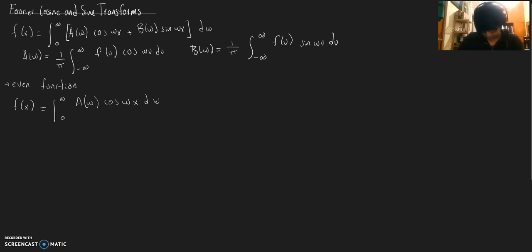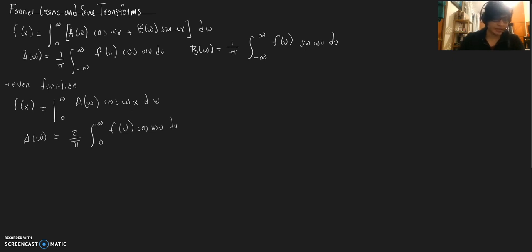We will also consider that A(w) would be equal to 2 over pi, the integral from 0 to infinity of f of v cosine of wv dv.